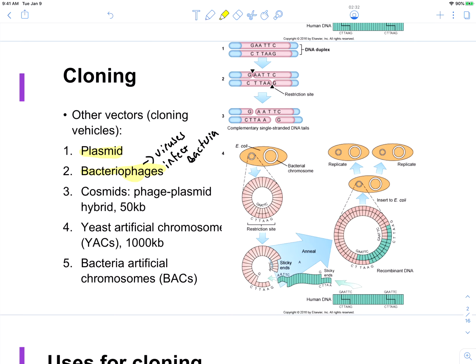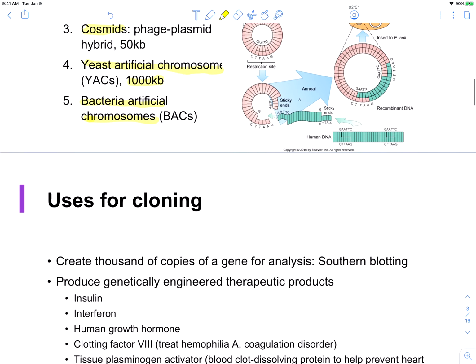We have cosmids, which are phage plasmids, and they are about 50 kilobases long. We have yeast artificial chromosomes that are much larger, and we also have bacterial artificial chromosomes, or BACs. Each of these is just a tool that somebody would use to clone genes, to replicate genes, etc.